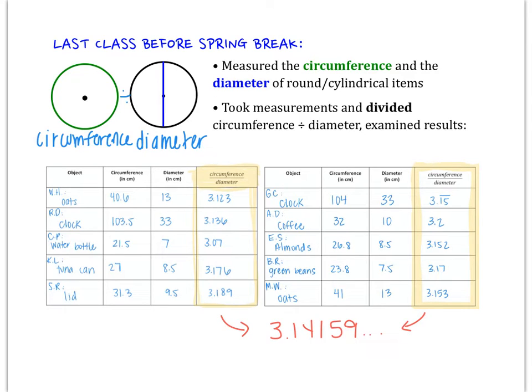Hopefully you're thinking that number sounds familiar, because all of these got pretty darn close to pi. So we're going to look at that relationship and how that might help us find the circumference.